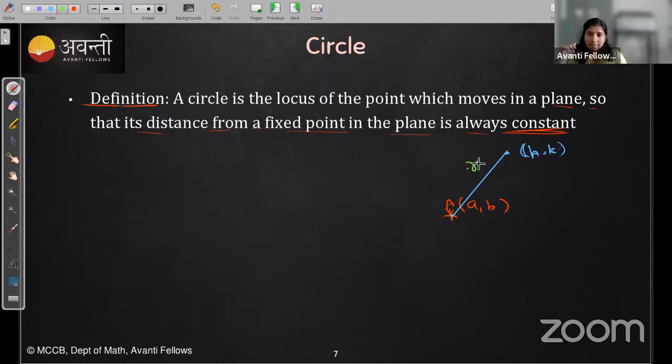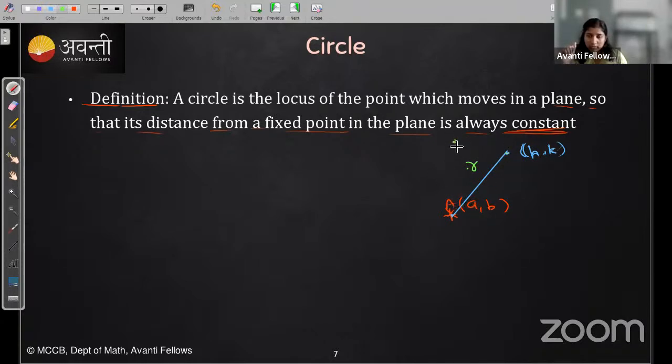Now, this H comma K lies on the plane, so it can lie everywhere on the plane, right? The same condition I apply here.